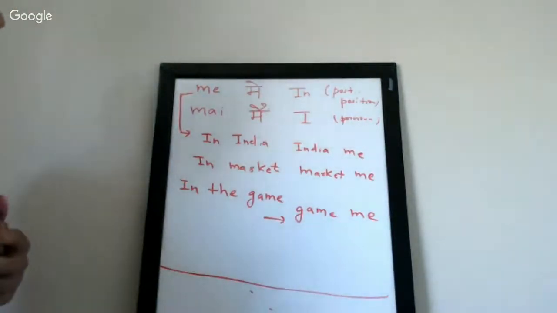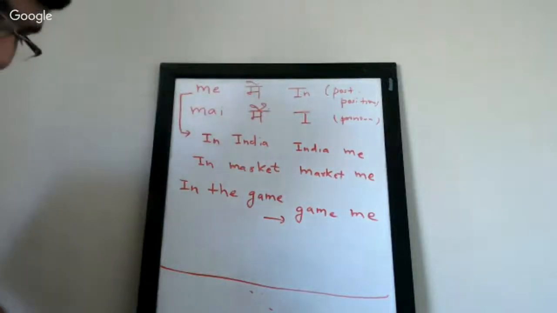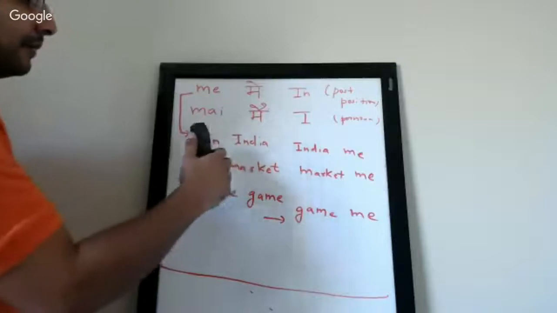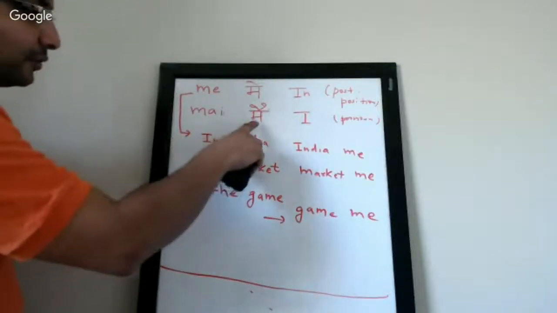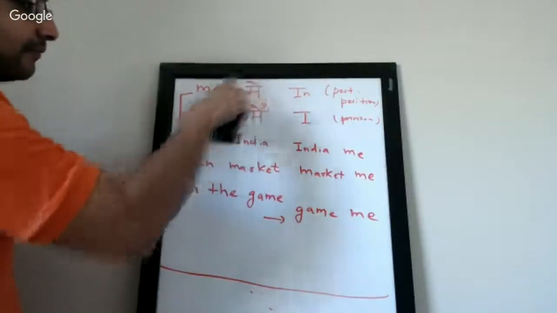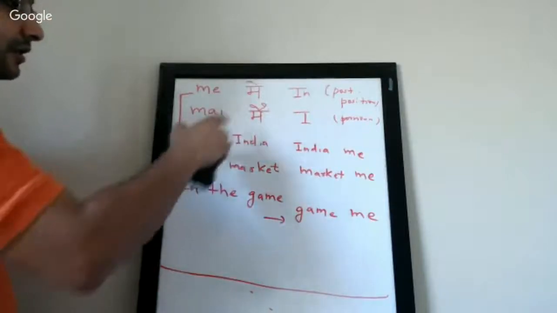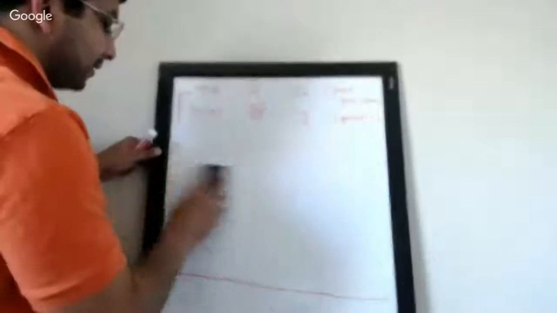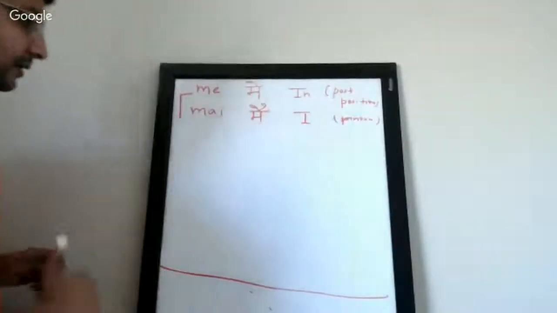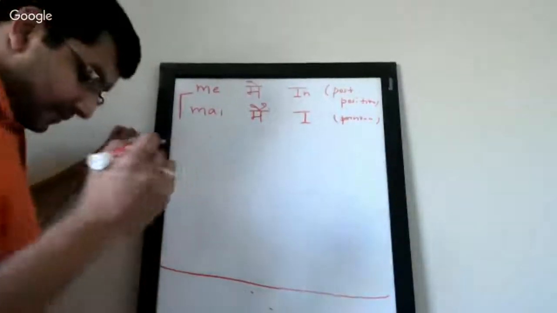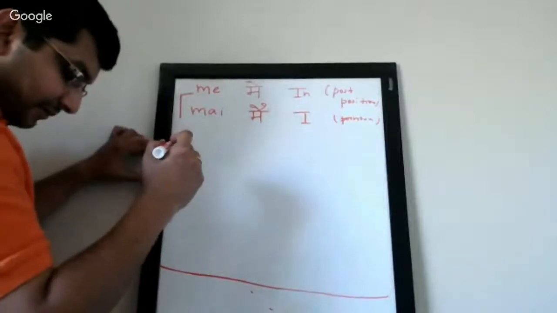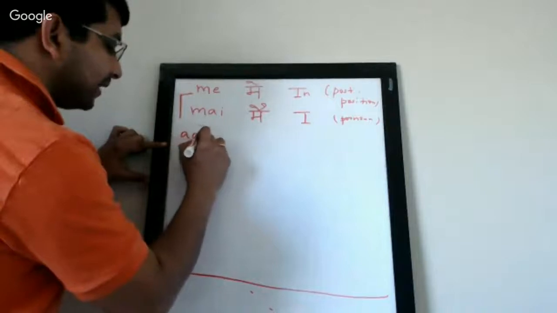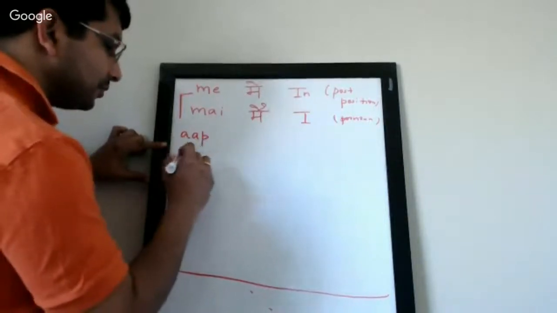Now, what if there are pronouns? How does it change? For example, what if you use mein before the postposition? Let's make a table. We have आप, which is you.